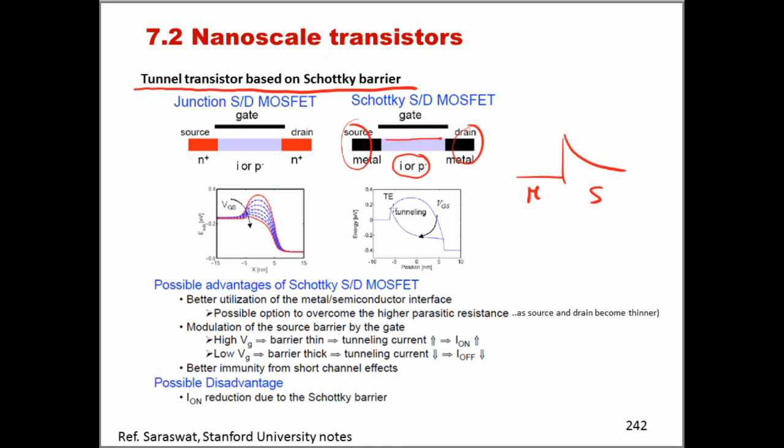So we could imagine that when Vg has, for example, a positive value, the bending in the semiconductor is made in this way, and so the electrons now see a very big barrier in front of them, so they cannot effectively move. While when we apply, for example, a Vg of the opposite sign, then we bend downward this time, and so now the electrons can happily tunnel through. And so that's the idea behind the tunnel transistor based on a Schottky barrier.